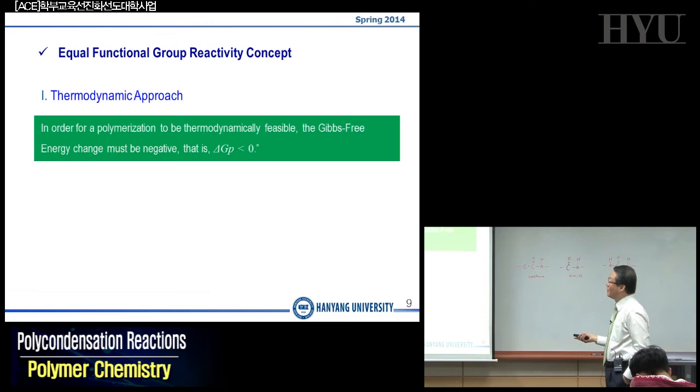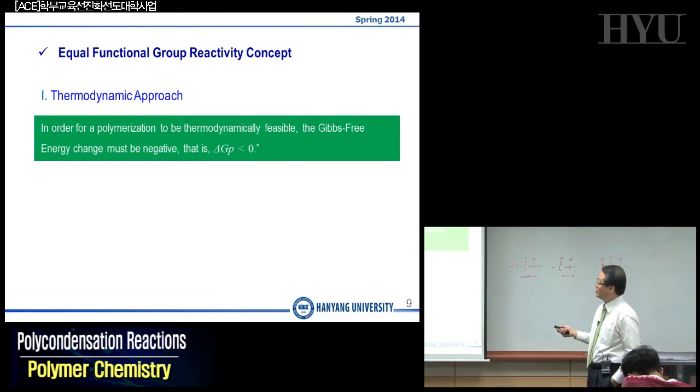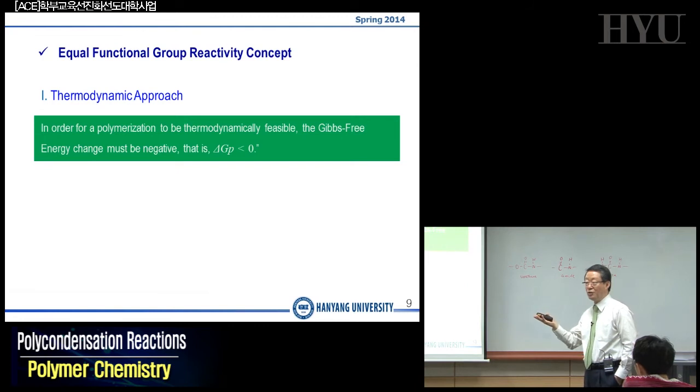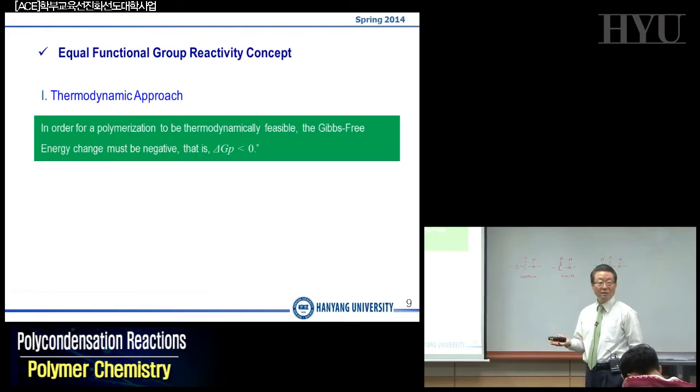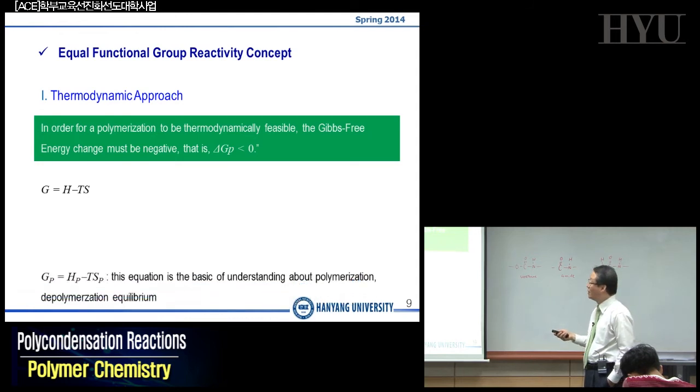In order for a polymerization to be thermodynamically feasible, delta GP should be negative. If delta GP is equal to 0, we reach an equilibrium, right? If delta GP is positive, then the polymerization reaction is not thermodynamically possible.